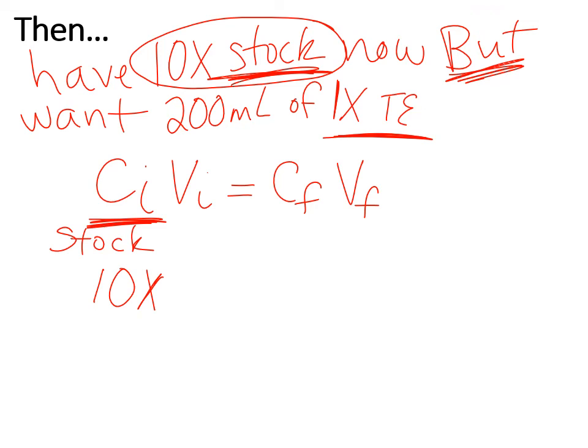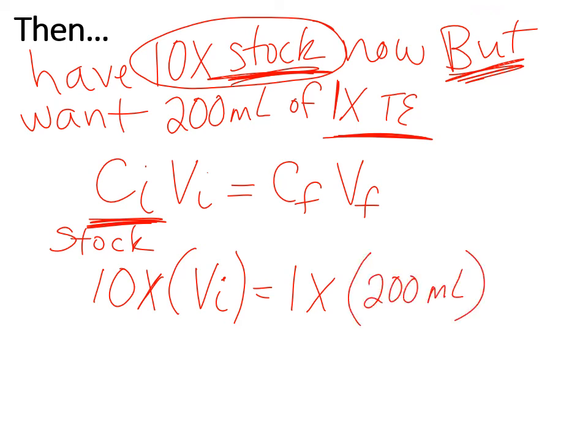So 10x, what did we say about VI? We don't know. It's the volume of stock that we need. That's what we're solving for. So you leave VI. You want to make a concentration of 1x, and you want a volume of 200 milliliters.